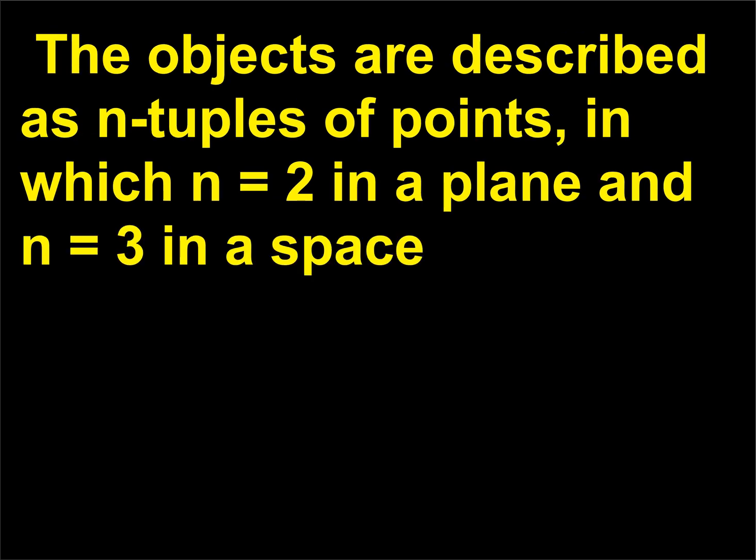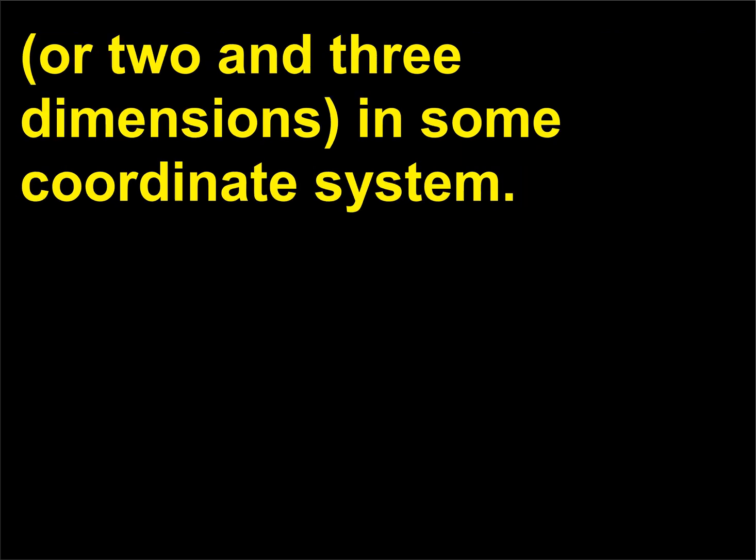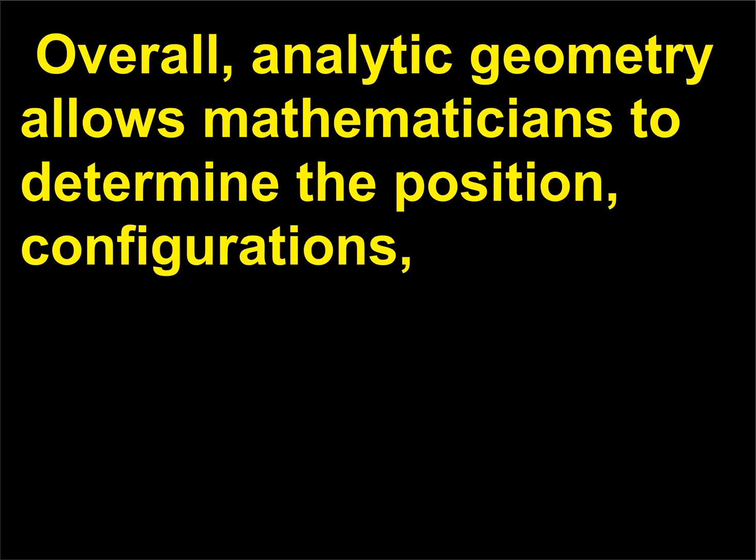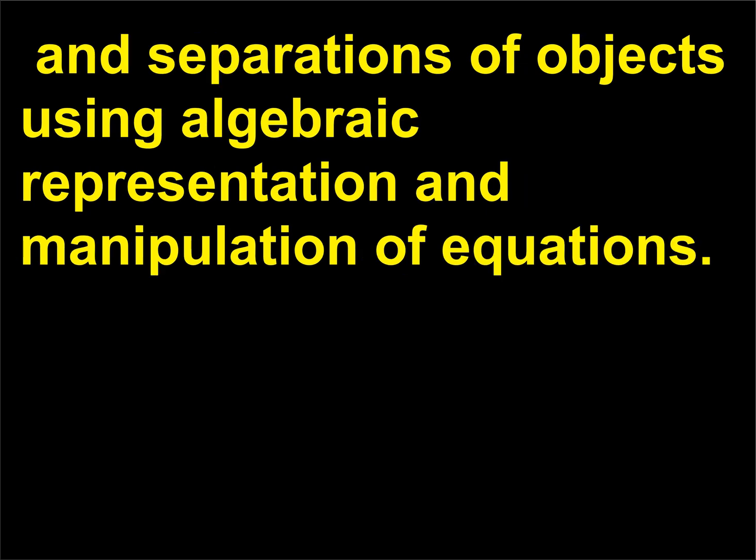The objects are described as n-tuples of points, in which n equals 2 in a plane and n equals 3 in a space, or 2 and 3 dimensions, in some coordinate system. Overall, analytic geometry allows mathematicians to determine the position, configurations, and separations of objects using algebraic representation and manipulation of equations.